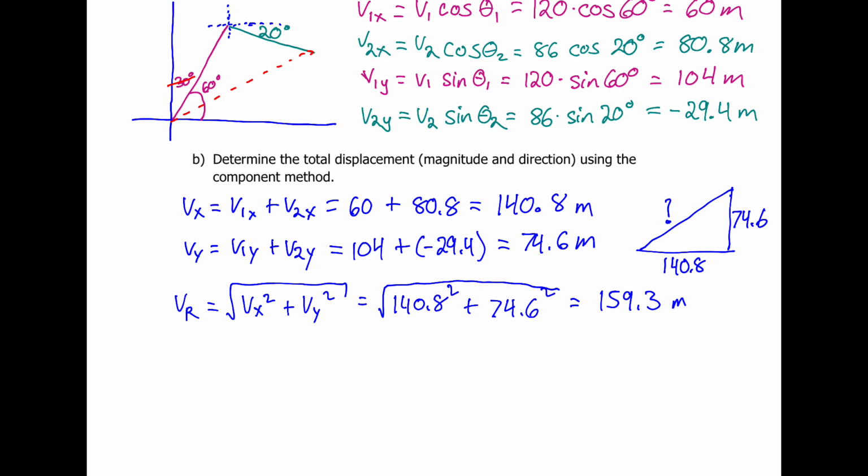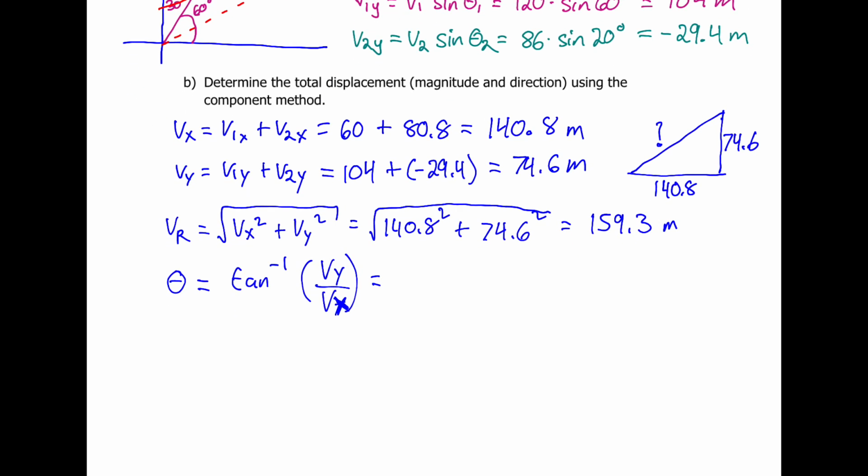The next thing to do is find the angle. And the angle is done by doing the tan inverse of the y side divided by the x side. That's ugly, but I think I'll keep it. I'm going to slide up so you guys can see them.